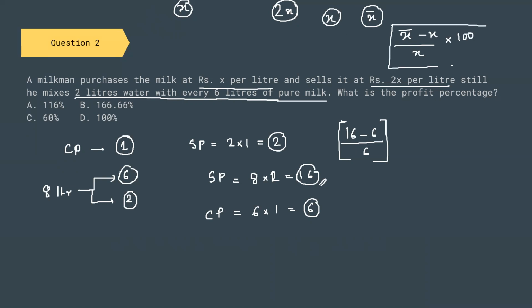If this particular result is negative, then it will be a decrease. If this particular value is positive in nature, then it will be an increase.